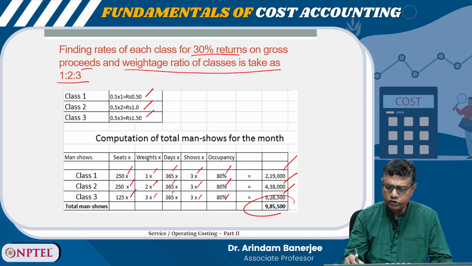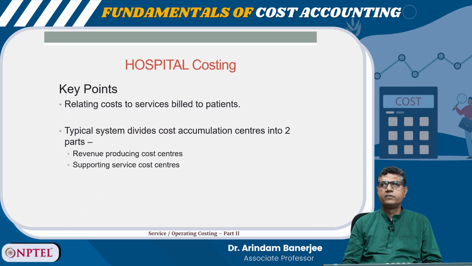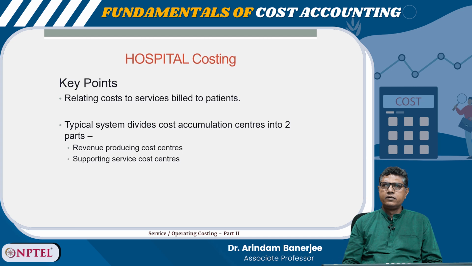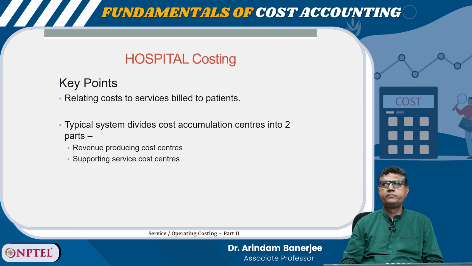So total man show is 9,85,500. So that is the total man show from a movie theater. This is how we can calculate the cost of man show in a movie theater.